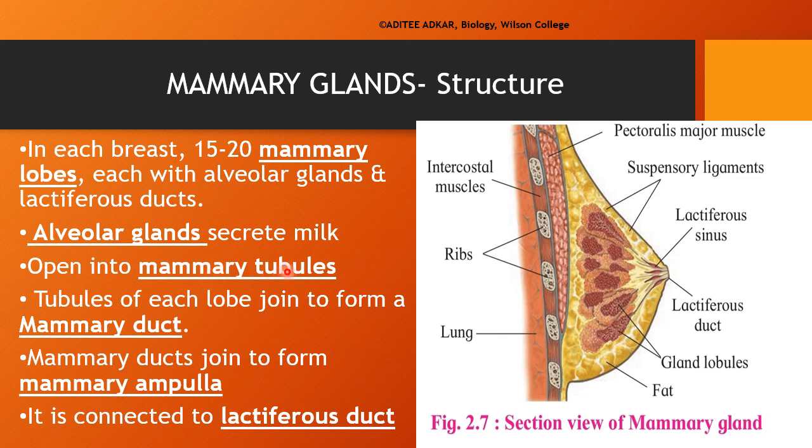The mammary tubules join to form a mammary duct, and the mammary ducts in turn join to form the mammary ampulla. The mammary ampulla is connected to the lactiferous duct. Here we can see the lactiferous duct.